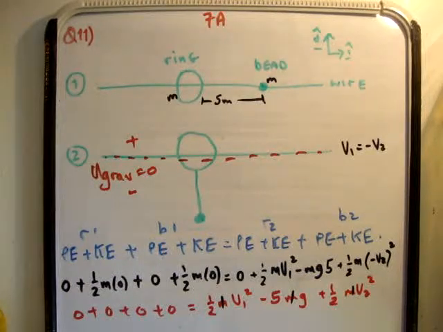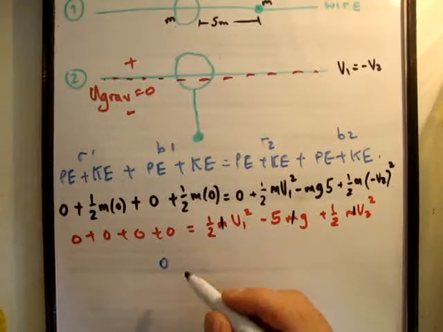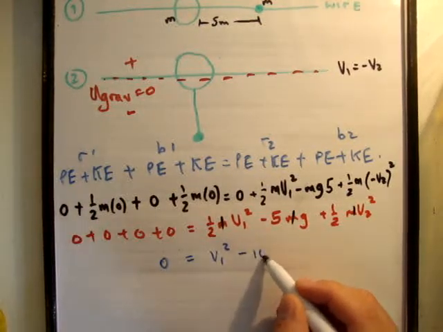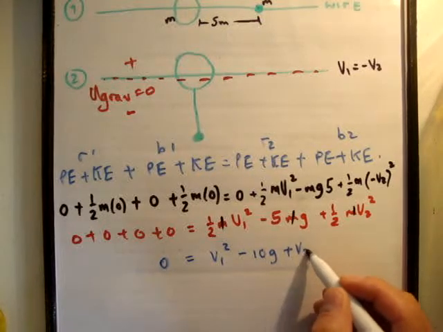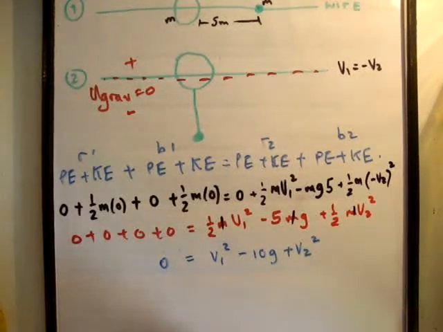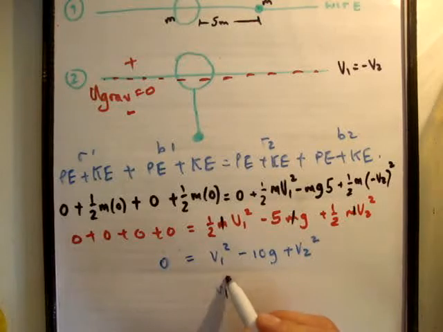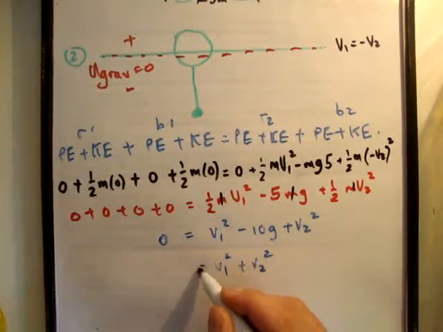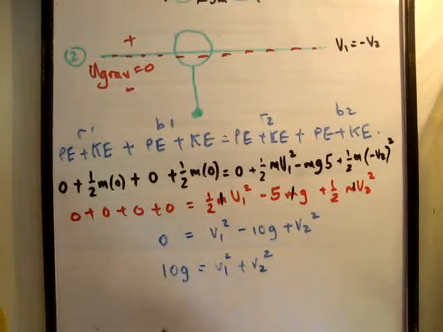If we multiply across by 2, we get 0 is equal to v1 squared minus 10g plus v2 squared. So we can say that v1 squared plus v2 squared is equal to 10g.